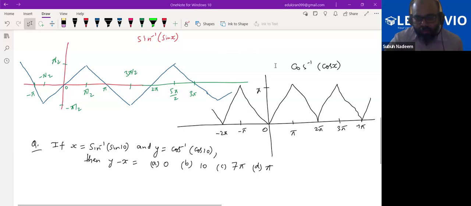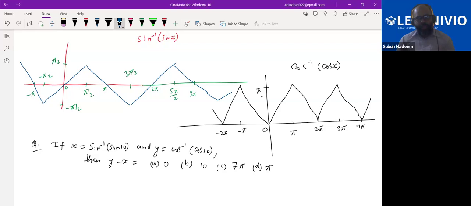So what you have to remember here are these two graphs. And then plot the value 10 in them. The value of pi you all know, pi is approximately 3.14. So where should 10 be?